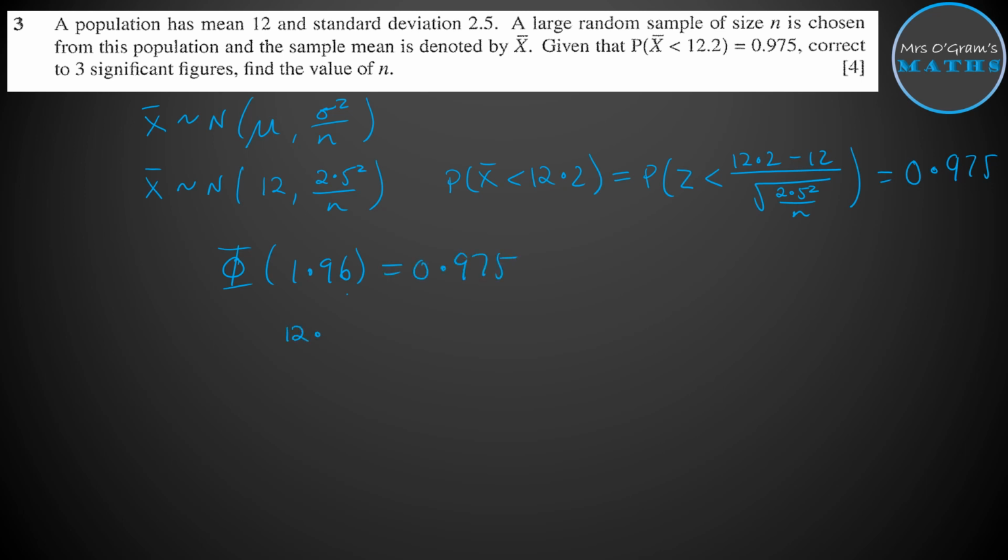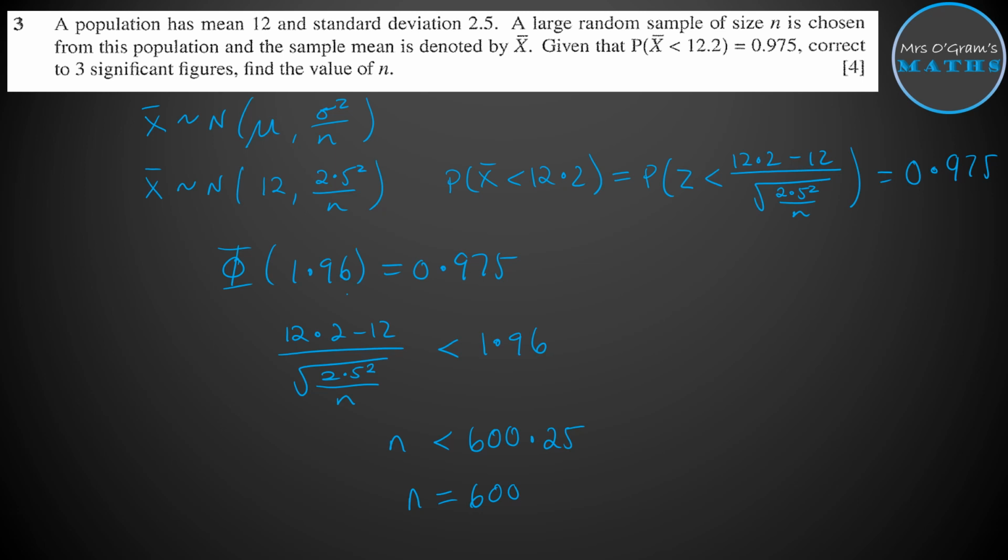Therefore, 12.2 minus 12 over the square root of 2.5 squared over n has got to be less than 1.96. So if you rearrange that, you get n is less than 600.25. N is equal to 600.